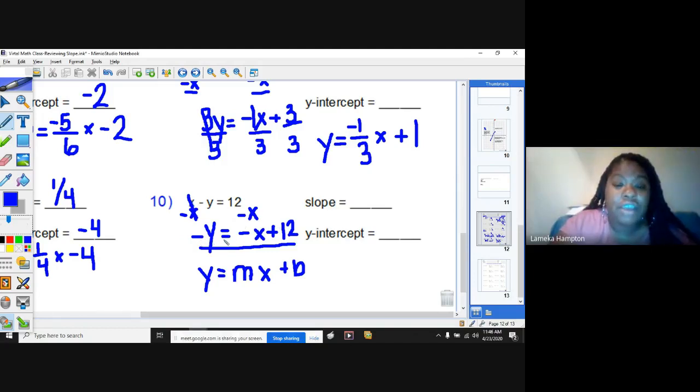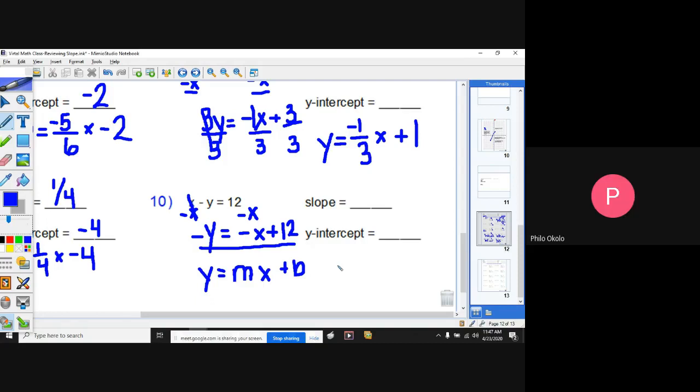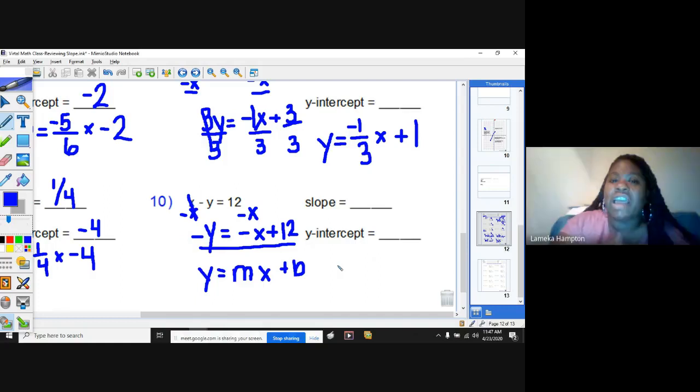Negative y is equal to negative x plus 12. Do these two match? Do they look alike? Yes or no? No. Okay, so that's good. We recognize that they do not look alike. The question is, why do they not look alike? Because one is negative y and one is y. And we want a positive y.